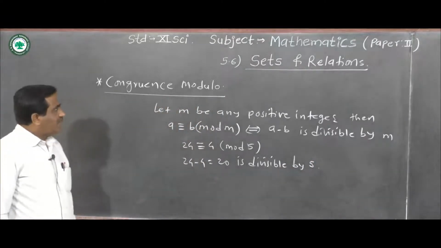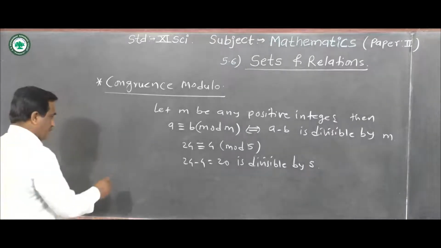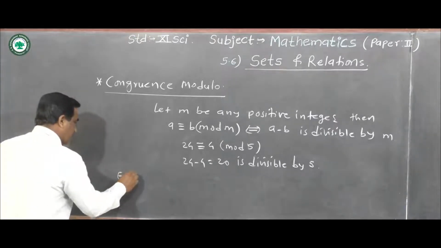Now we have to show that this congruence modulo is an equivalence relation. The example is here.